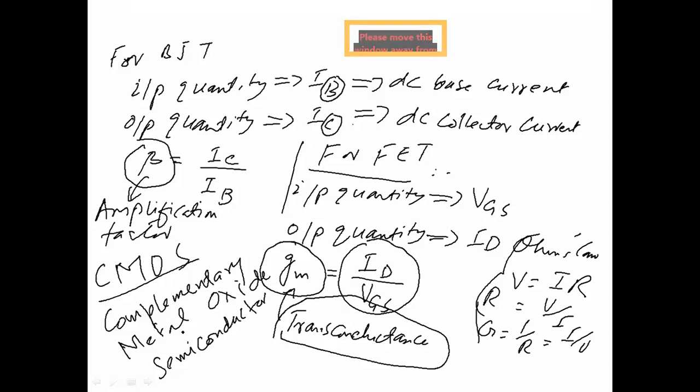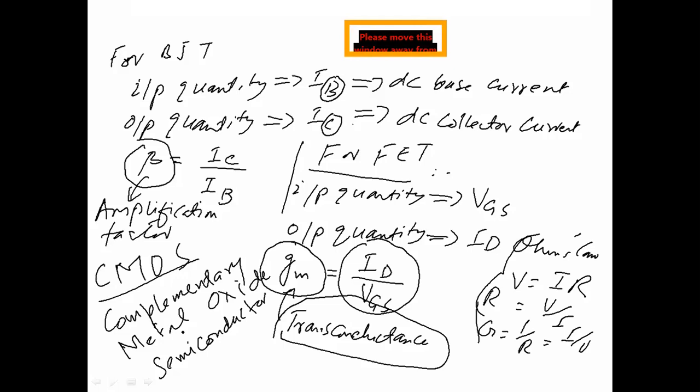So N-channel E-MOSFET and P-channel E-MOSFET are the complement. That is why they use the complementary word here. Complementary metal oxide semiconductor technology is used for the fabrication of digital circuitry like microprocessors and other digital circuits.